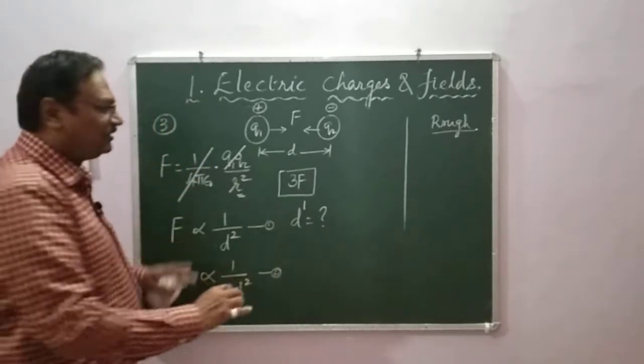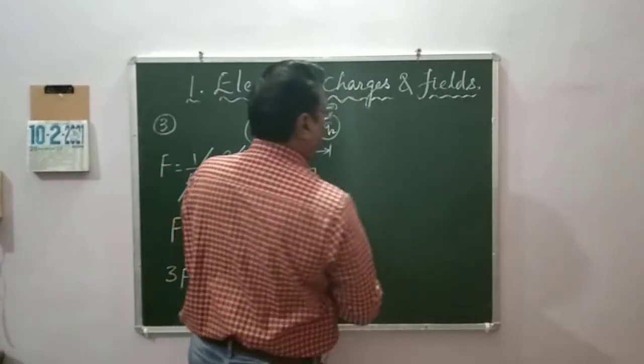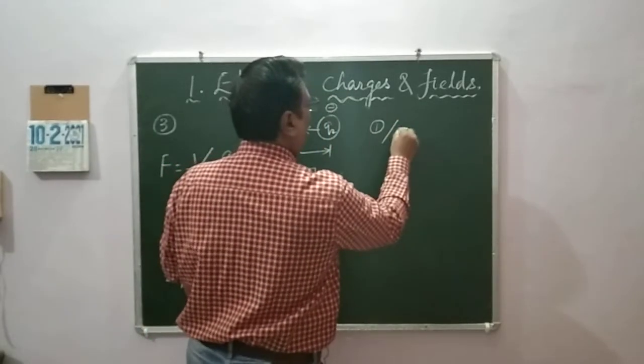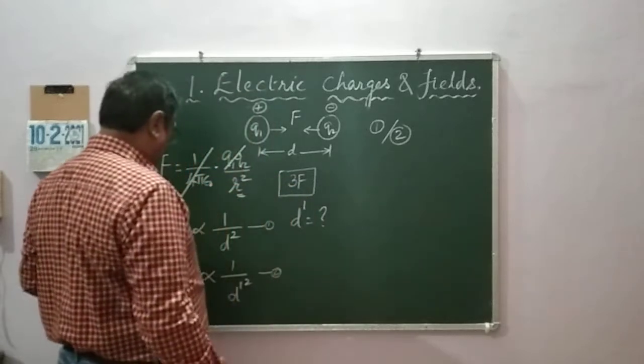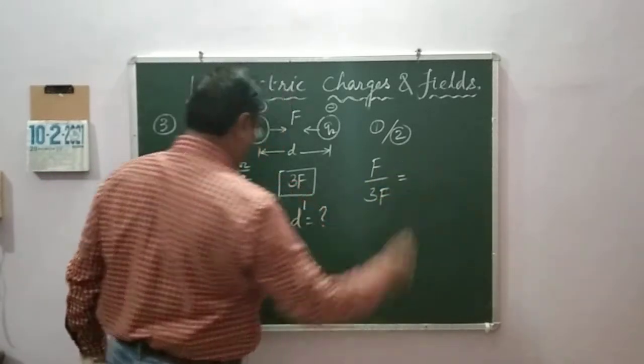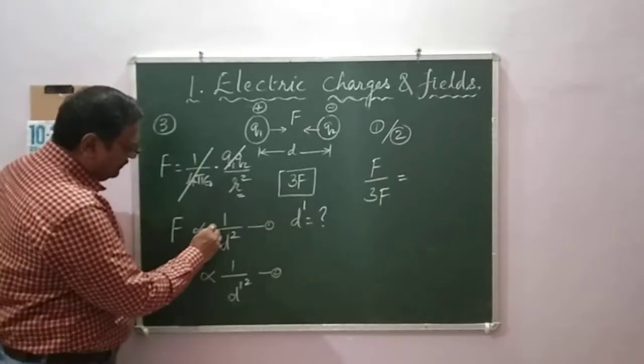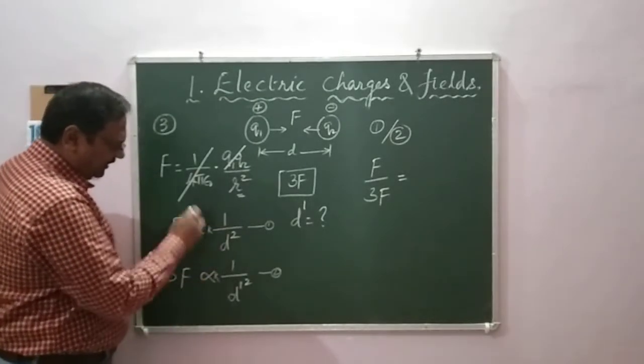Okay, you do not worry whether it is 1 upon 2 or 2 upon 1, don't worry about that. You do anything, 1 upon 2 I am going to do. That is F divided by 3F is equal to, why? Equal to, for proportionality the same constant K, so they will get cancelled.